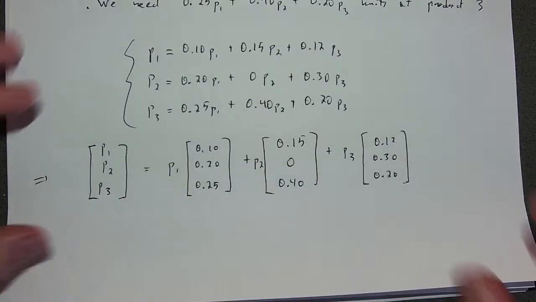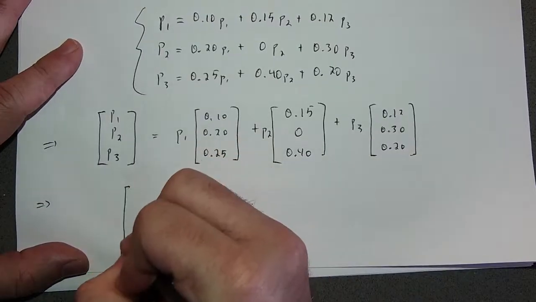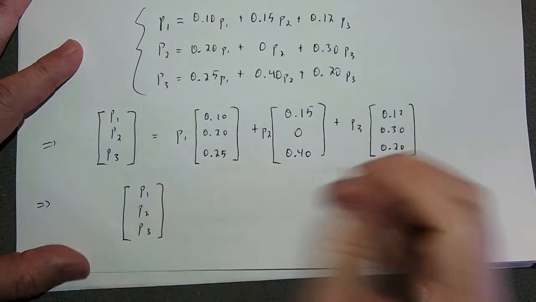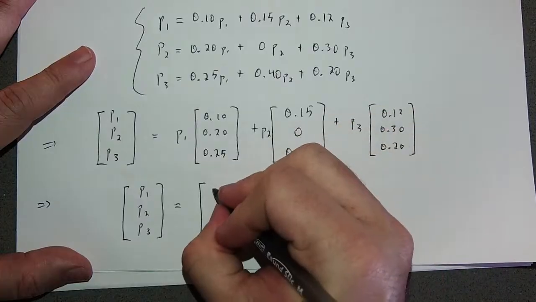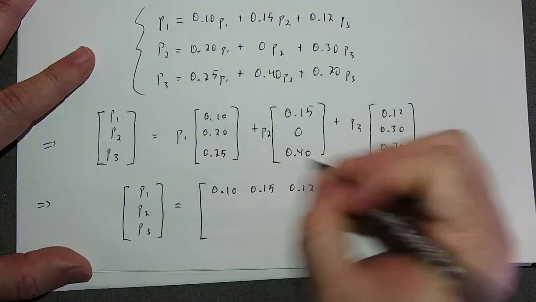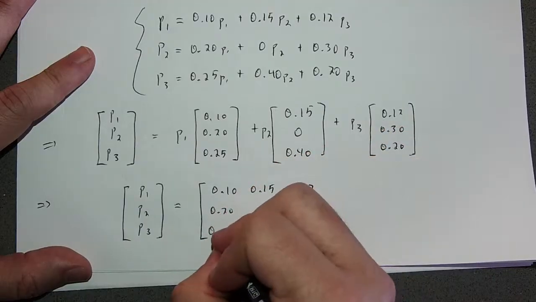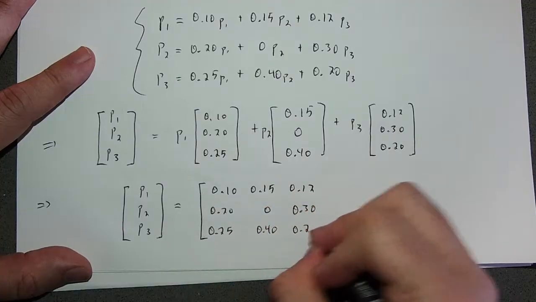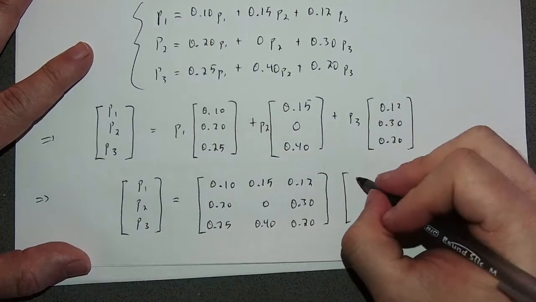Of course, I can write this in matrix form just as well, maybe most conveniently, as my vector p sub 1, p sub 2, p sub 3 is equal to my matrix, just writing this again, times my vector.